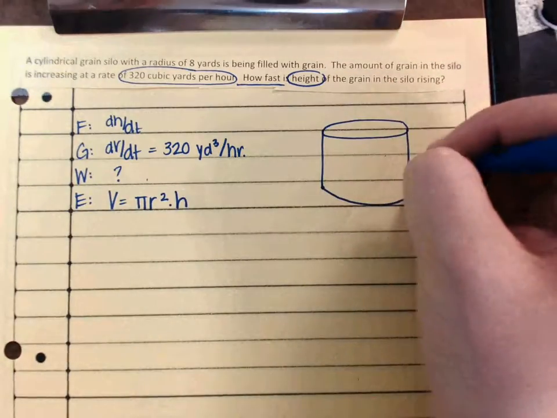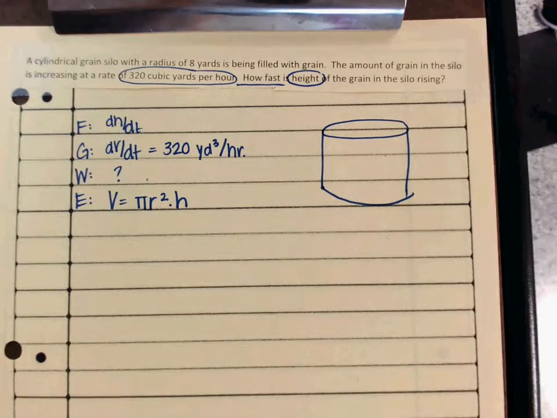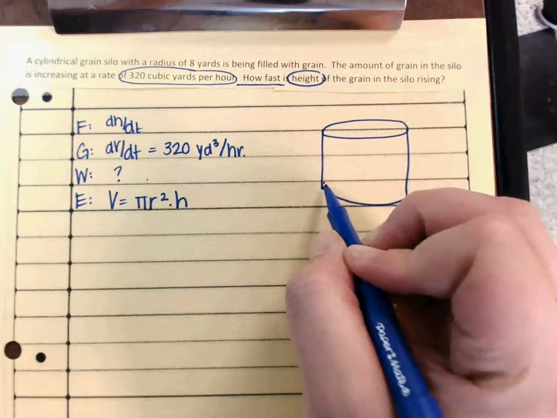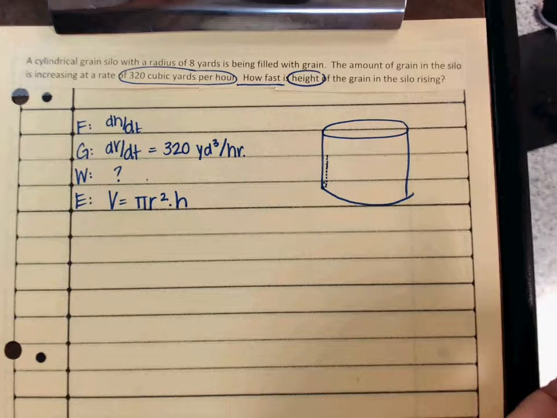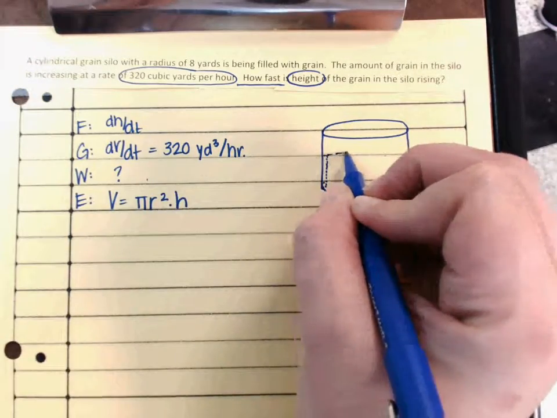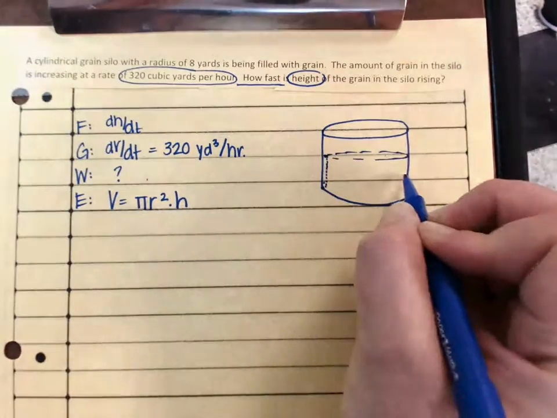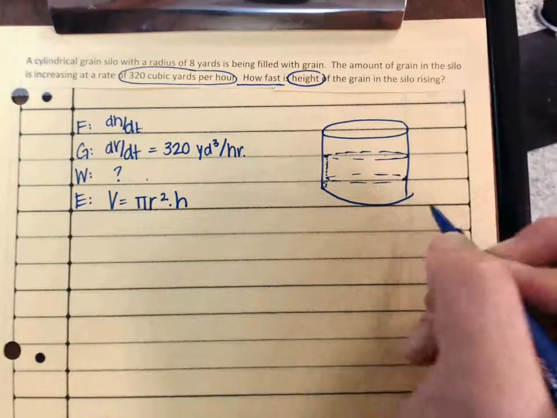So here's our cylinder. Okay, as the grain comes in and the height of the grain goes up, is the height going to be changing? Of the cylinder? Of the grain in the silo? Yes. Will the radius of the cylinder be changing? No. Think about whether my grain is here or my grain is here, or say it's empty.